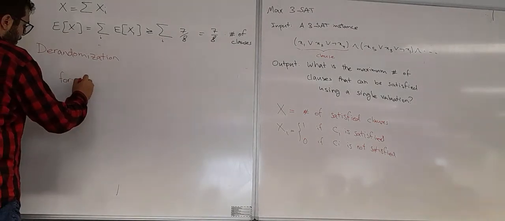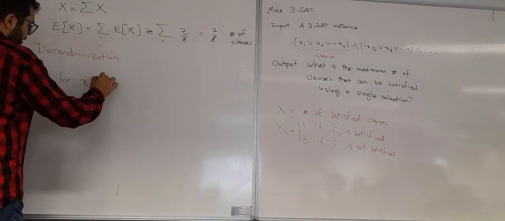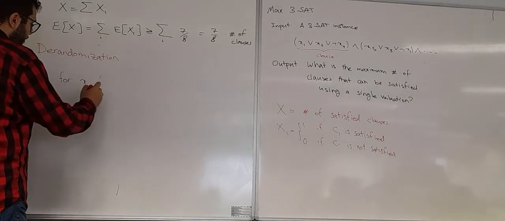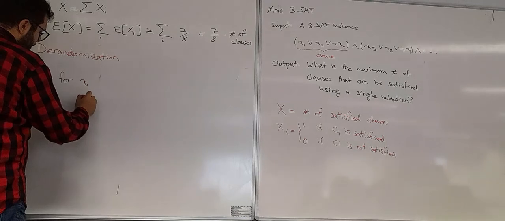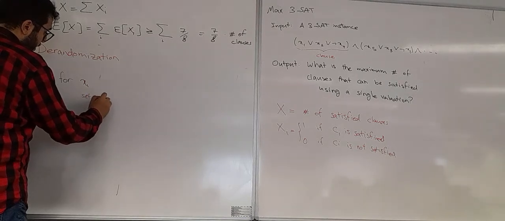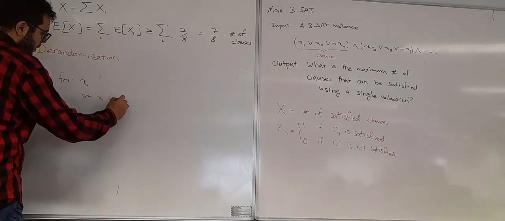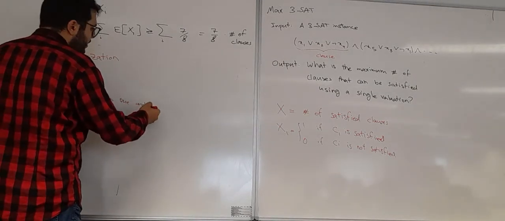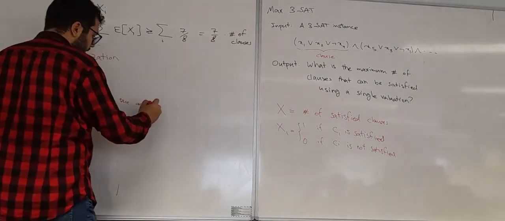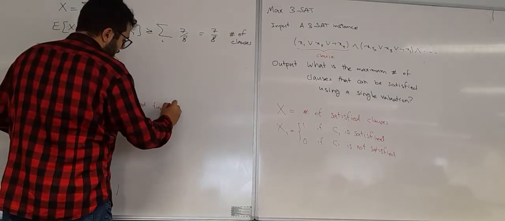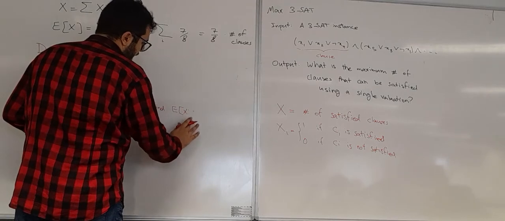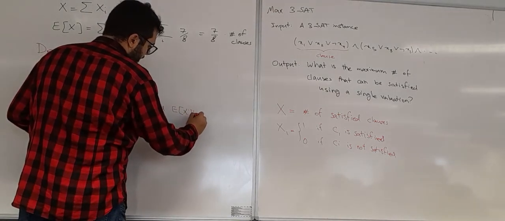I'm saying for every xi in my set, from x1 onwards, first set xi to true, and it's just going over it, and find the expected value of x, assuming that xi is true.